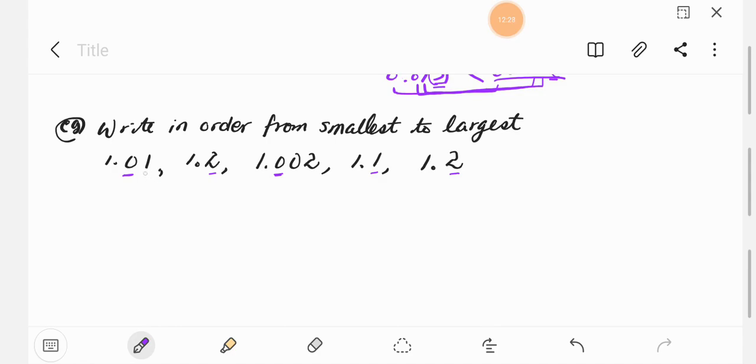All right, and then compare this one and the next digit. So 1 is greater than 0, right? So this is the smallest. So this is greater than this one. So the smallest is 1.002. So 1 and 2 thousandths. All right. And next one is, of course, this guy, right? This is the second part.